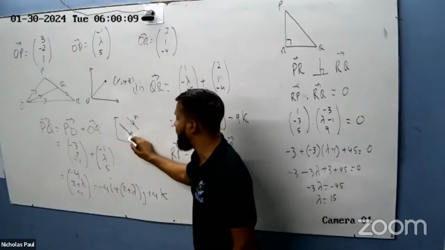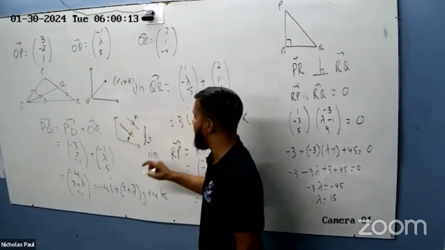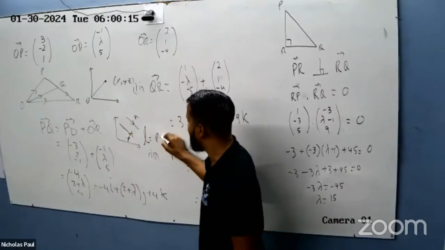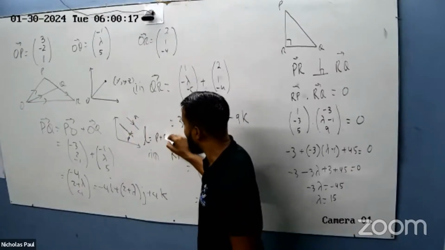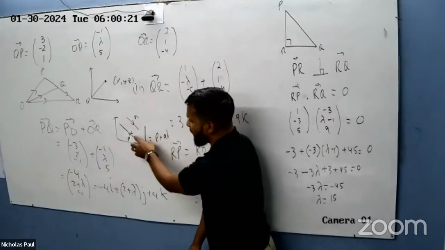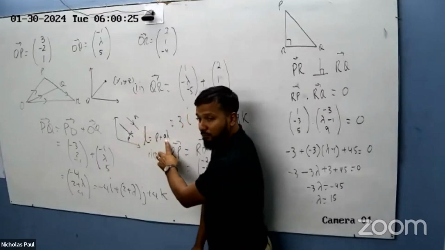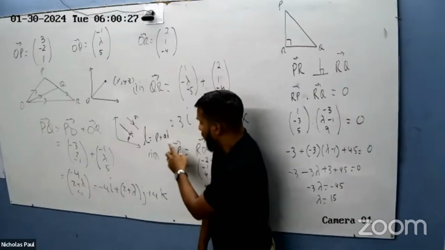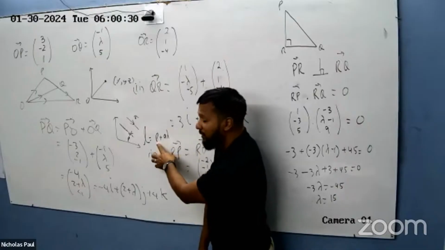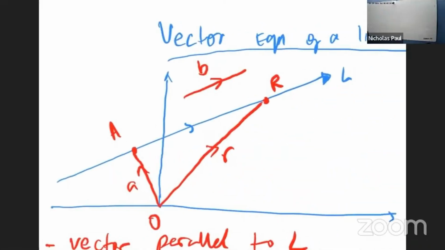So if the point on the line is P, the vector equation of a line is simply the point plus the direction vector times some constant. This constant is because parallel vectors are multiples of each other. That's okay? So once you have a point on the line and a vector parallel to it, you have the equation. So we are trying to get the vector equation of the blue line.